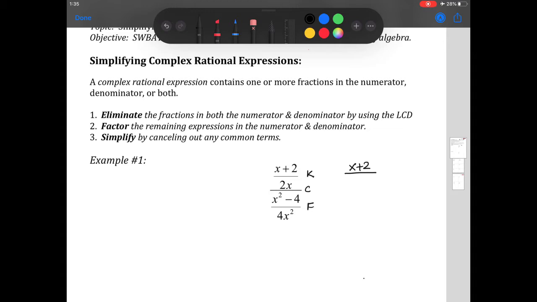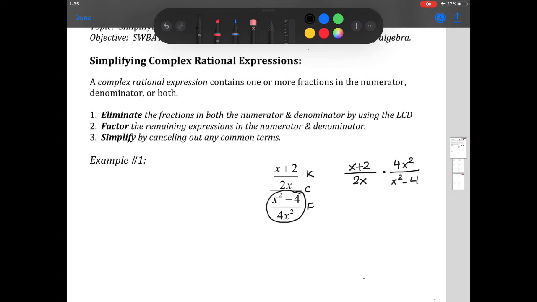It's going to be x plus 2x. So that's the keep. You keep the first fraction as it is, change division to multiplication. I'm just going to use a dot. And then flip the denominator. So it will be what? 4x squared over x squared minus 4, right?